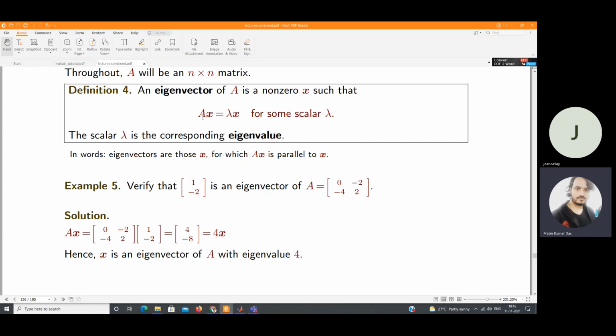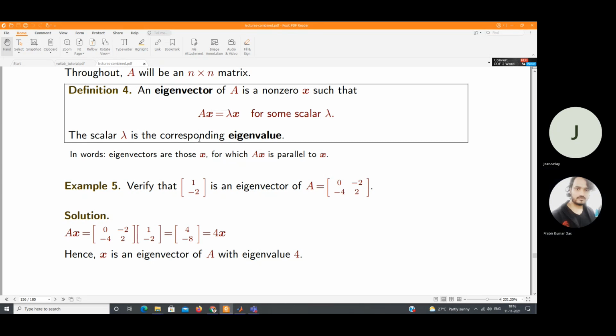Already we know that a system is Ax equal to B, which we have discussed as a linear system. Instead of B, if we multiply some value with the same vector, and the equation Ax equal to lambda x is satisfied, then we call this lambda the eigenvalue of this matrix A, and this x is the eigenvector corresponding to this eigenvalue lambda.